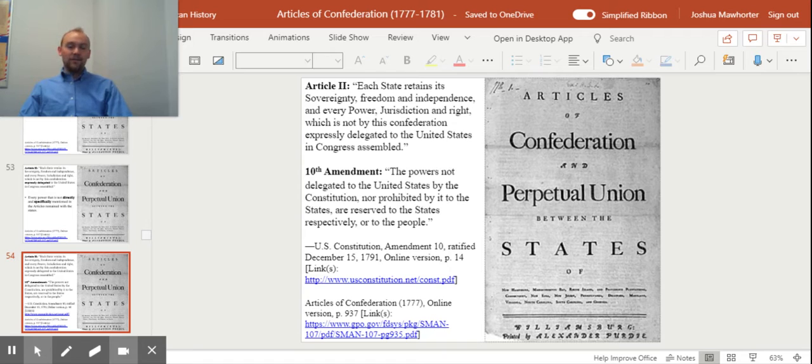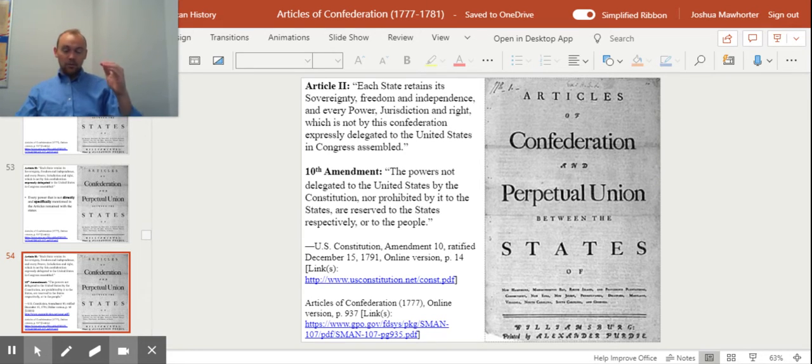Now, later on, this will have an influence on the 10th Amendment, the powers not delegated to the United States by the Constitution, meaning the powers that are not listed in the Constitution nor prohibited to it by the states.